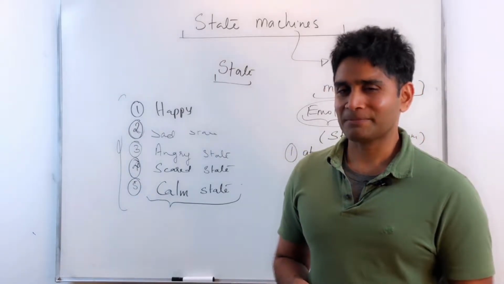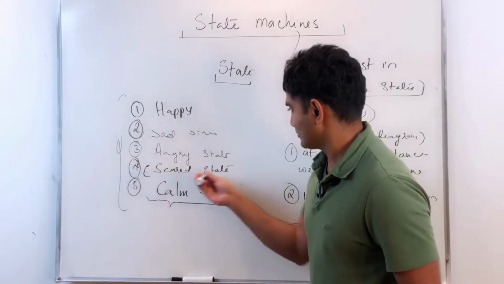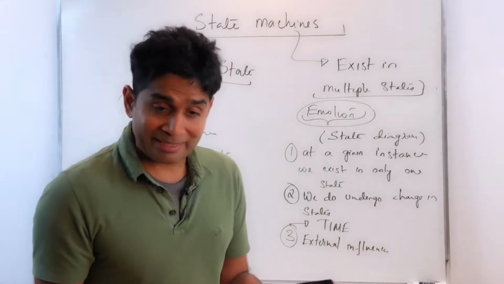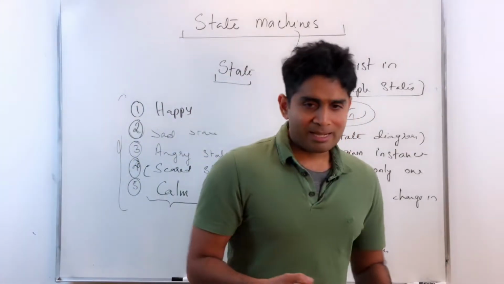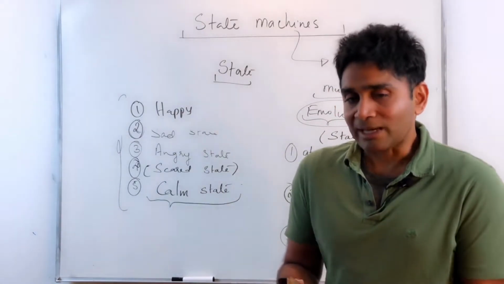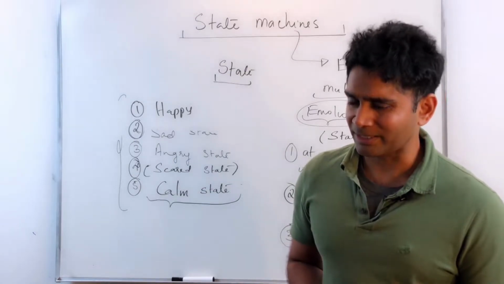Does it make sense? Versus if I'm in the scared state, okay, I'm already nervous, I'm scared, and the same external influence happens. Let's say I see the snake. Most likely, I will be reacting in a completely different way. Right? Does it make sense?